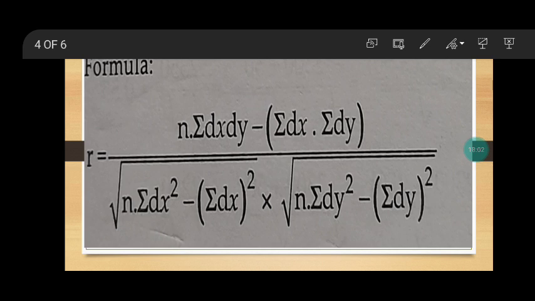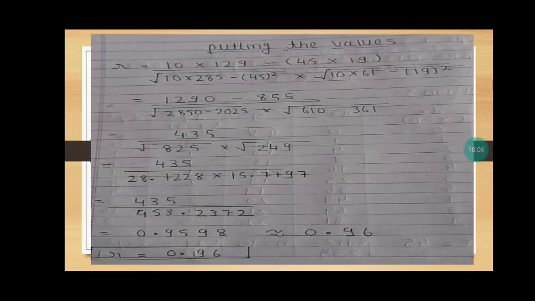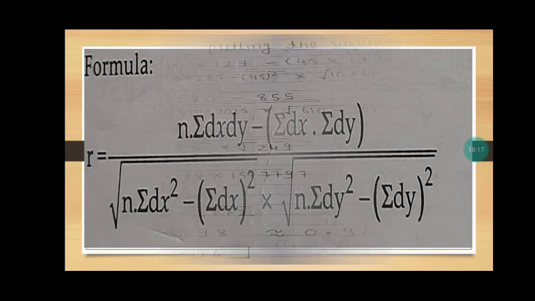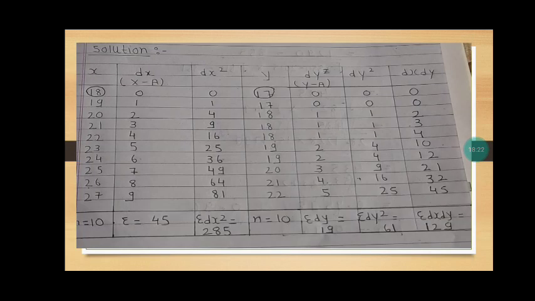Now the next step is that we are going to put the values in the formula. Okay, so r is equals to, what is the formula? See, n into summation dx dy. So here in the chart we have seen the value of n. What is the value of n? 10.